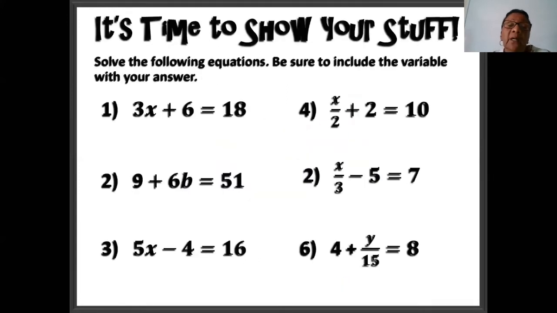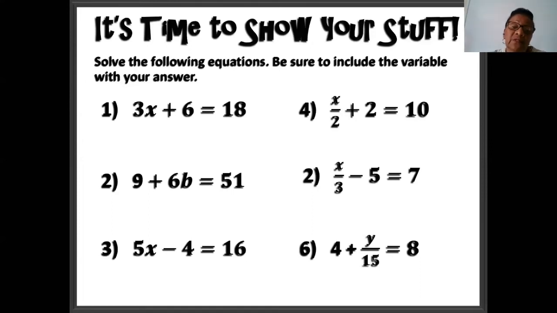Now, it's time to show your skills. We have 6 problems for you to do. We'll give you time to do it. It says solve the following equations. Be sure to include the variable with your answer. Do not write the answer alone.